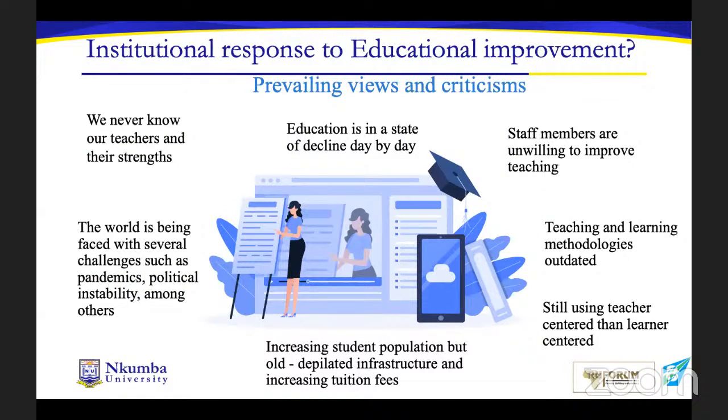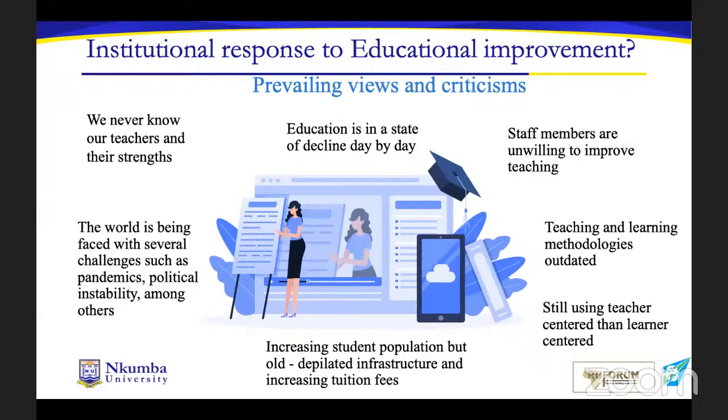Institutions are trying to respond to this current situation. But there are certain things pushing them to reflect on whatever is happening. One of them has been that institutions never know their teachers and their strengths.